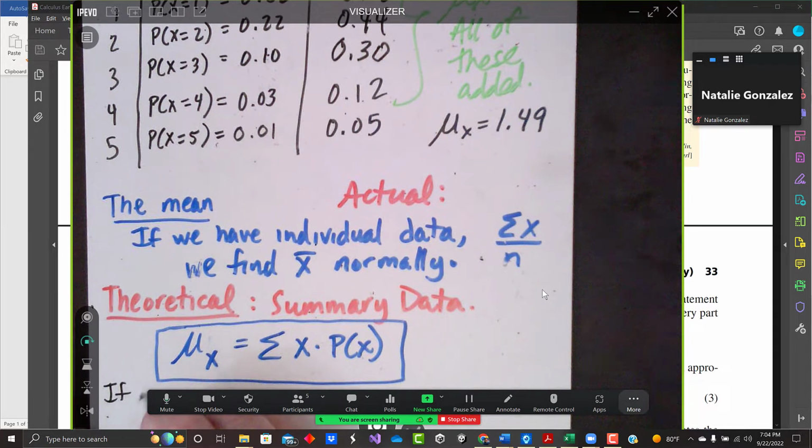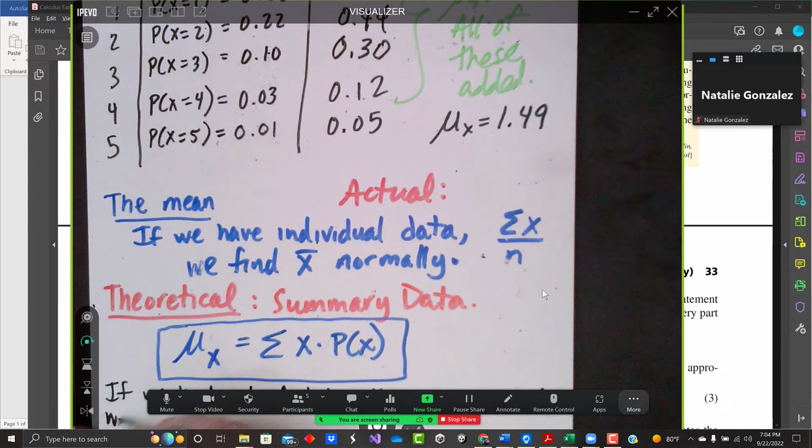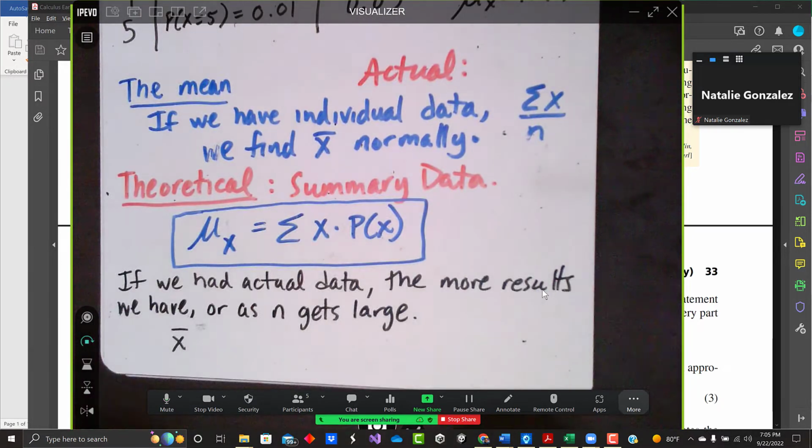If we had actual data, the more results we have, or as n gets large, remember n is our sample size, then x bar, oh, that's calculus, x bar, and I'm off screen.